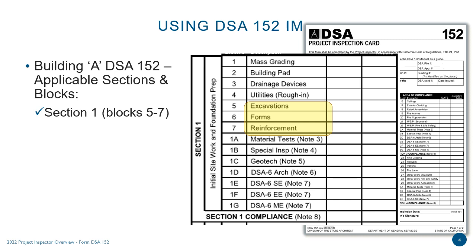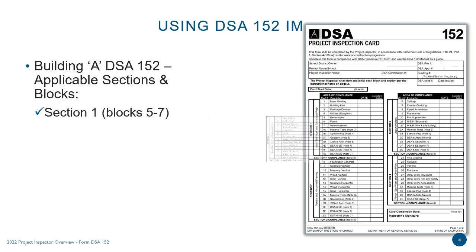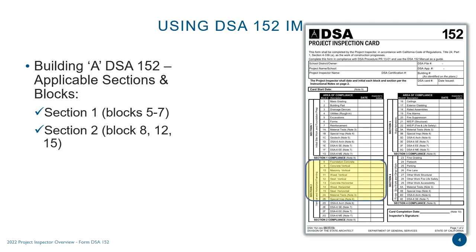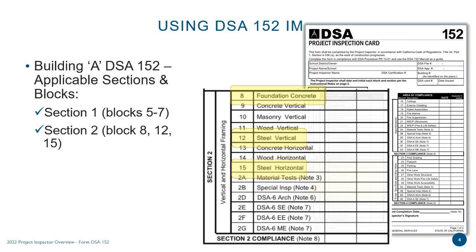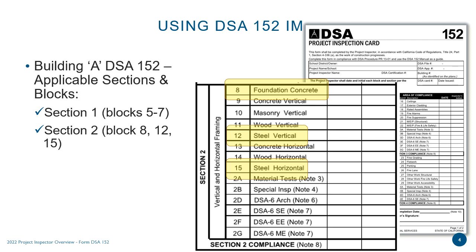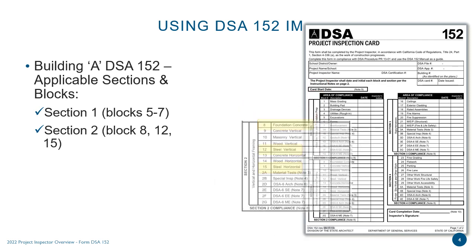Recall that would be applicable because of the new foundation that is supporting the steel column, that's supporting the steel beam and the sliding partition. Section 2, blocks 8, 12, and 15, because we have the foundation concrete, some steel vertical for the steel column and steel horizontal for the steel beam.